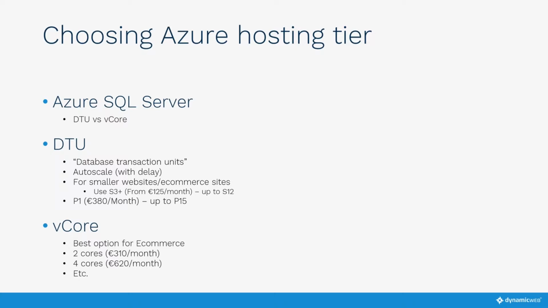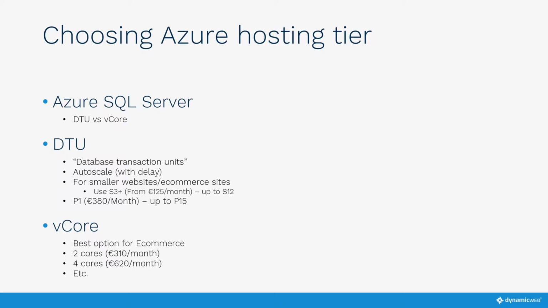So if you have certain peaks and so on, that's probably not the best option for running a Dynamicweb installation. These database transaction units are computed depending on how much CPU, RAM, and IO you use. I'm not a big fan of this hosting platform for websites when they get bigger.